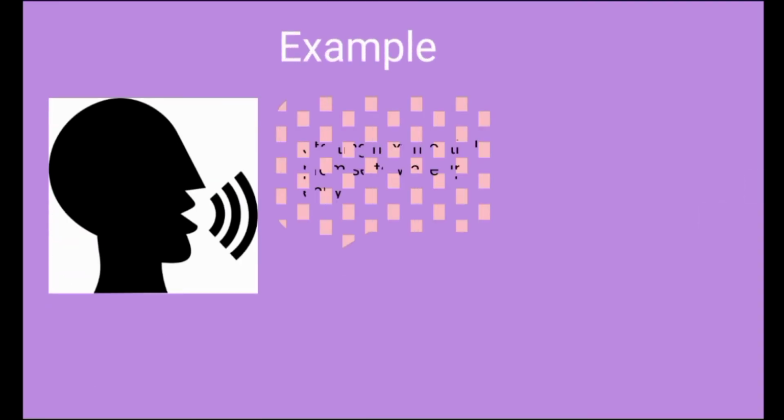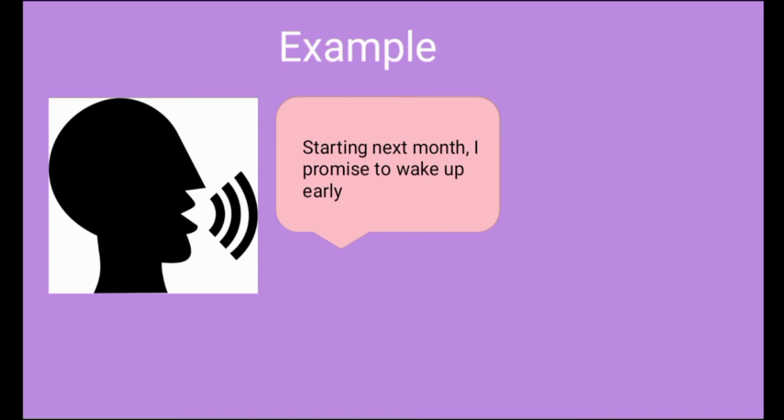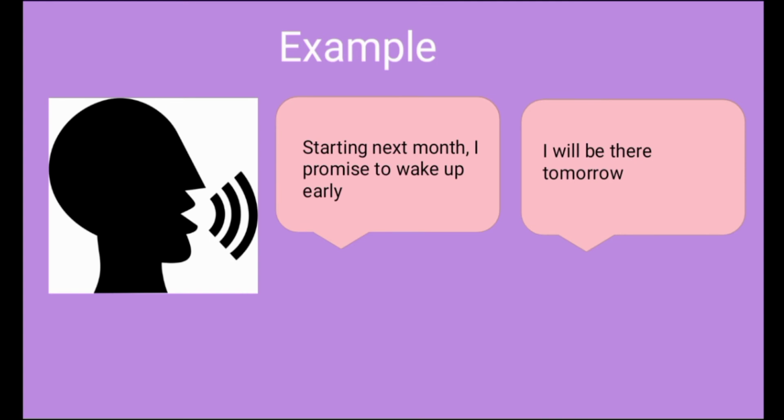Example of commissive: when someone says, "Starting next month, I promise to wake up early," it is a commissive in the form of a promise. And the second example, if someone says, "I will be there tomorrow," it is a commissive.